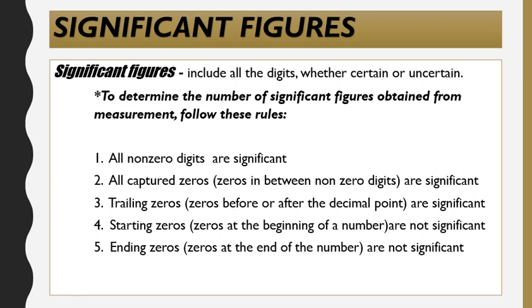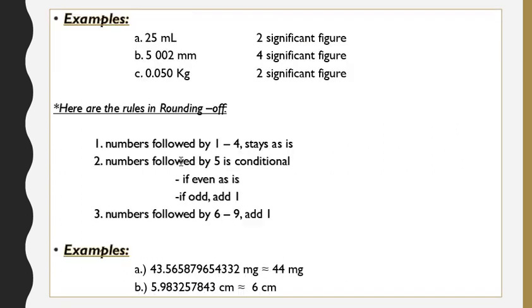So going back to 0.050, we have two significant figures, 1 and 2. The zeros at the start are not significant, so these two zeros are not significant.